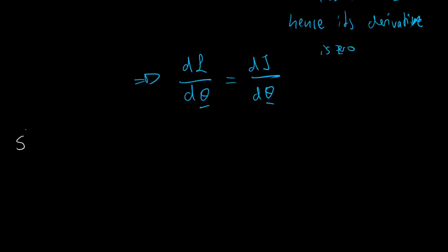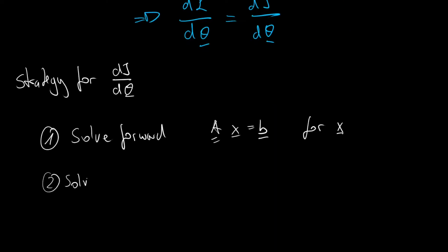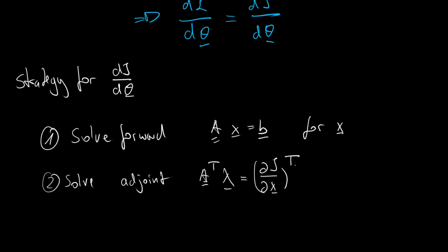Then let us summarize again the strategy for getting the dJ by d theta. And for this, we first solve forward, and we solve the linear system of equations Ax = b for x. And then we solve the adjoint system, which was A transpose, using the adjoint of our matrix, times lambda is dJ by dx in brackets transpose, and I use a transposition due to the fact that we defined gradients as row vectors.